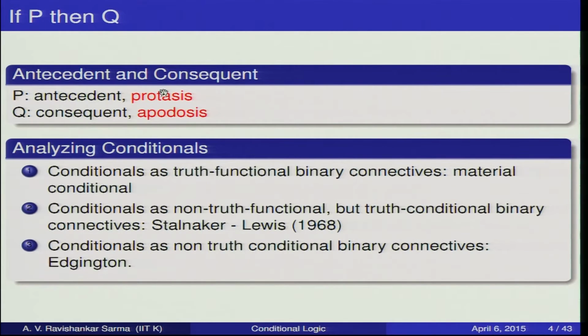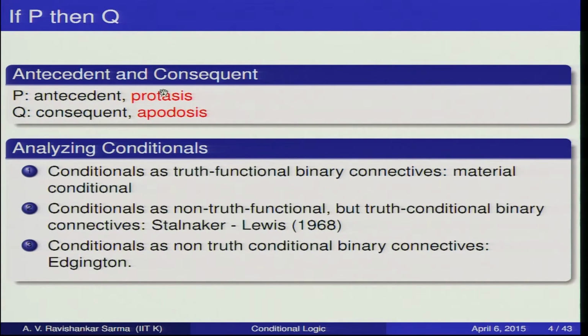Now, the second view is that conditionals are treated as non-truth functional, but are made truth conditional binary connectives, and this is the approach followed by Stalnaker and Lewis. Stalnaker wrote a seminal paper on conditionals, and David Lewis extensively worked in the area of counterfactuals.